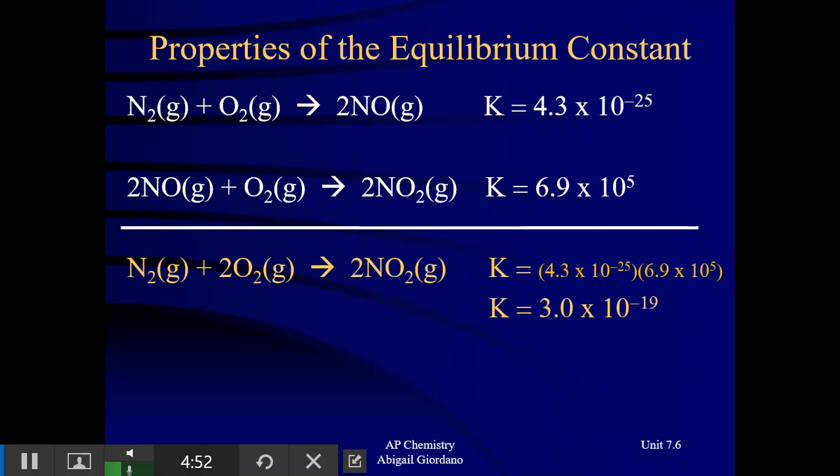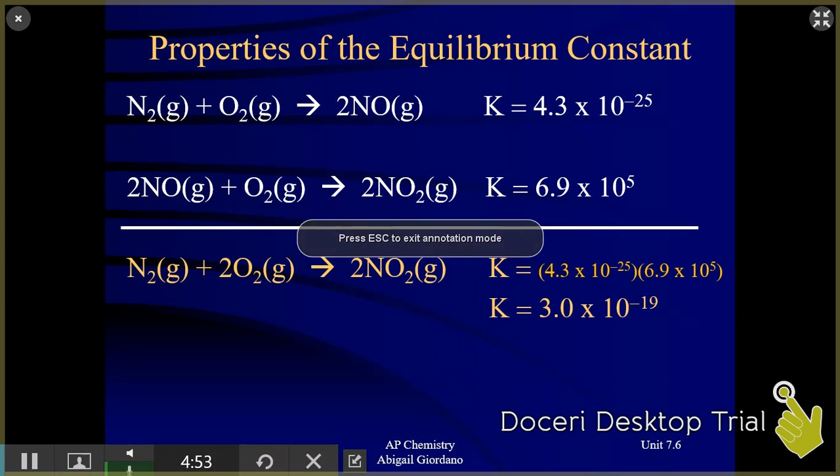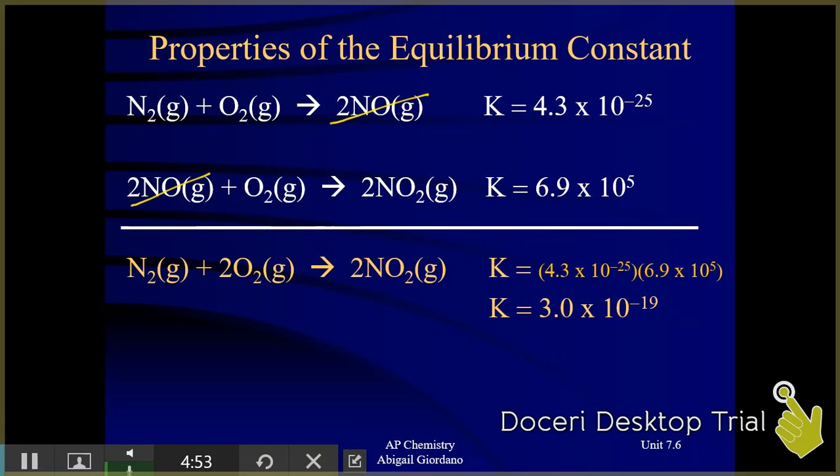So, for example, let me change color here. This and this, two of those nitrogen monoxides, get canceled out because they're on opposite sides of the arrow. Then I bring everything else down: one nitrogen, two oxygens, two nitrogen dioxides.